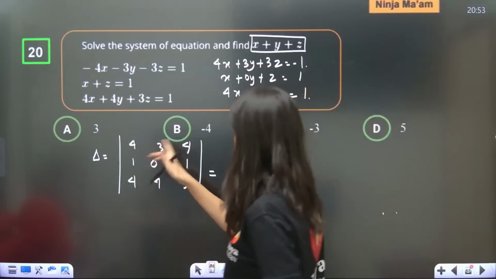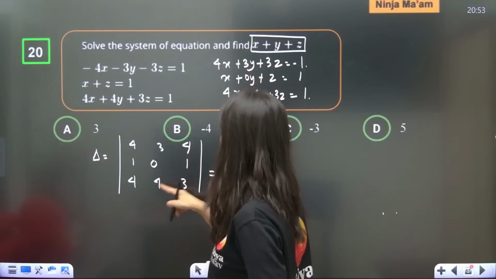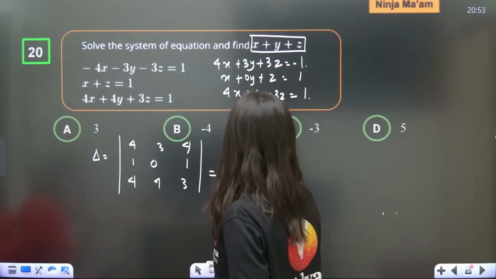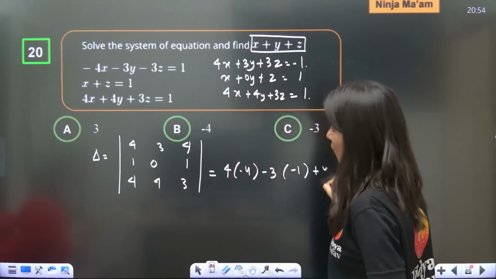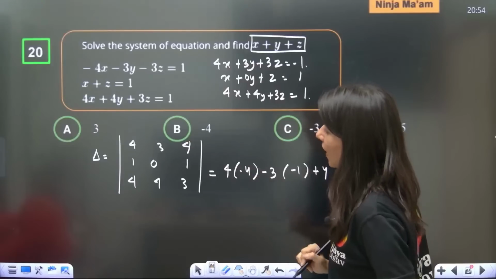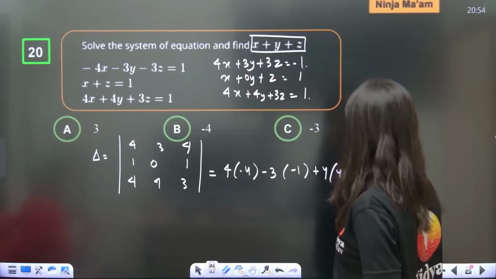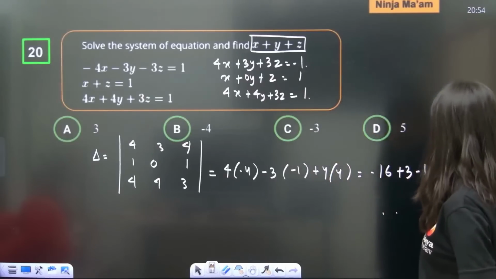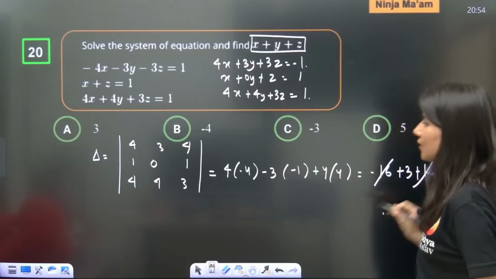So this is 4 times, now 0 minus 4, minus 3 times, 3 minus 4, minus 1, plus 4 times, this is 4 and this is minus 0. So this is minus 16 plus 3 minus 6 plus 16. So this is 3. So delta is your 3.